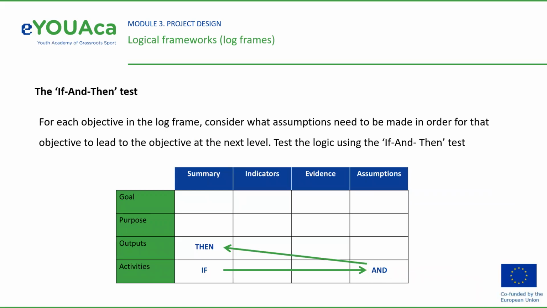There is a relationship between the first and the fourth column, and it must work as follows. Once the preconditions are met, the activities can start up. Once the activities have been carried out, and if the assumptions at this level hold true, outputs will be achieved.